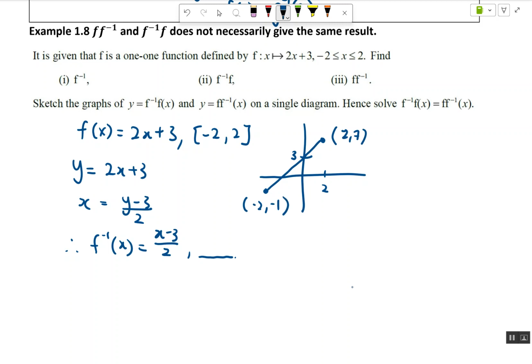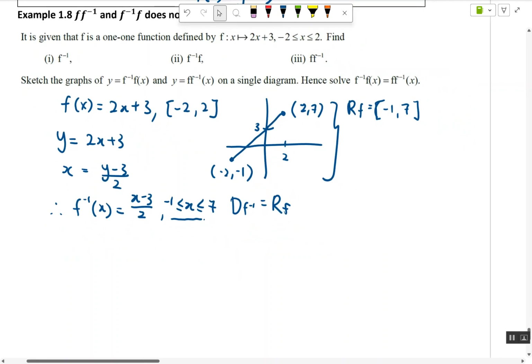Also, I know that the range of f is from -1 to 7 inclusive. So the domain of f inverse depends on the range of f. I can say my x is in between -1 to 7 inclusive as well. So this is what the first part of the question wants you to find.